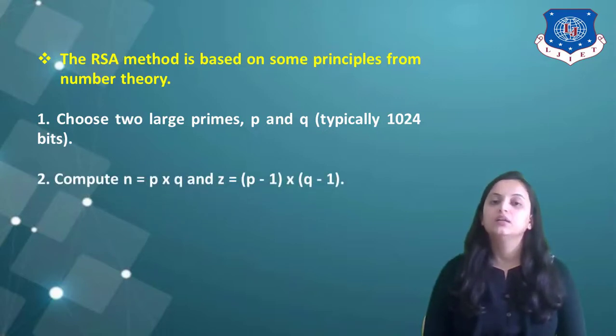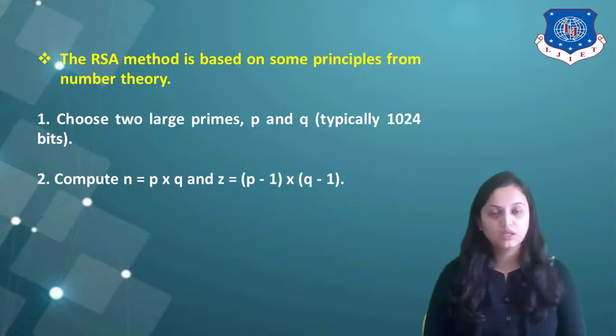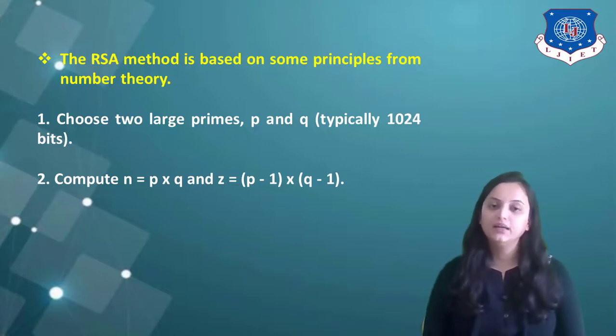Next step is to compute the product of these two large prime numbers, which we will denote with n. So here n equals P multiplied by Q. That means multiplication of the two prime numbers that we have selected. And z equals (P minus 1) into (Q minus 1).